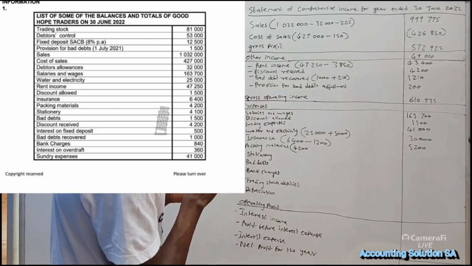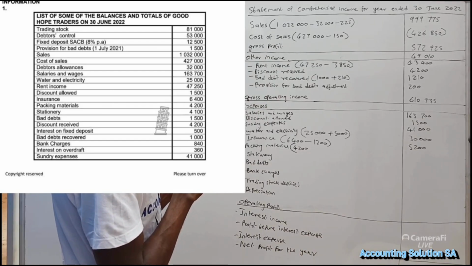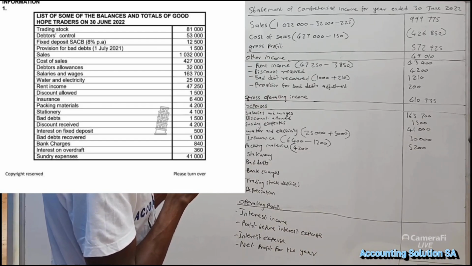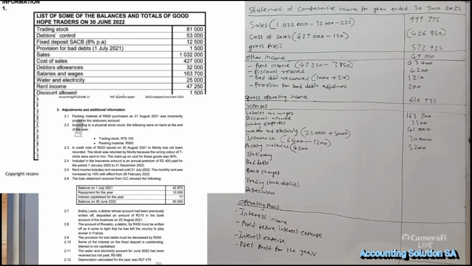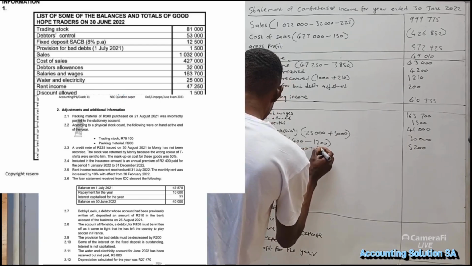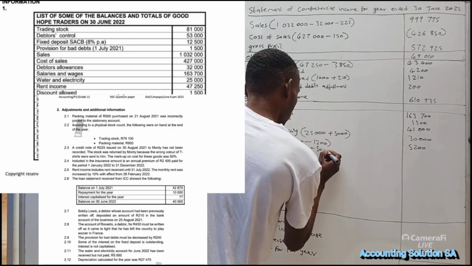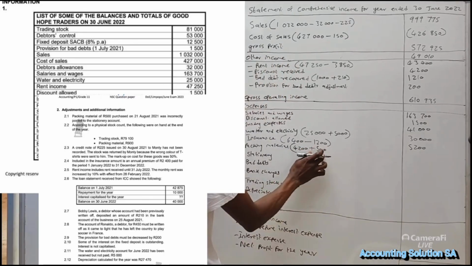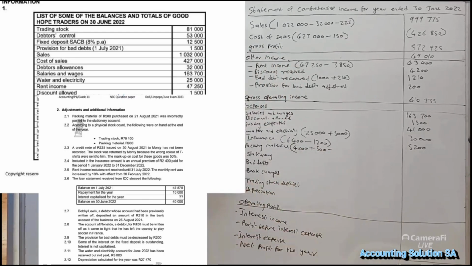Okay, let's go to our trial balance. Packing material is 4,200 on our trial balance. Then additional information number 1, we have to add what we purchased. It's like we are saying opening plus purchases minus closing. Simple as that.